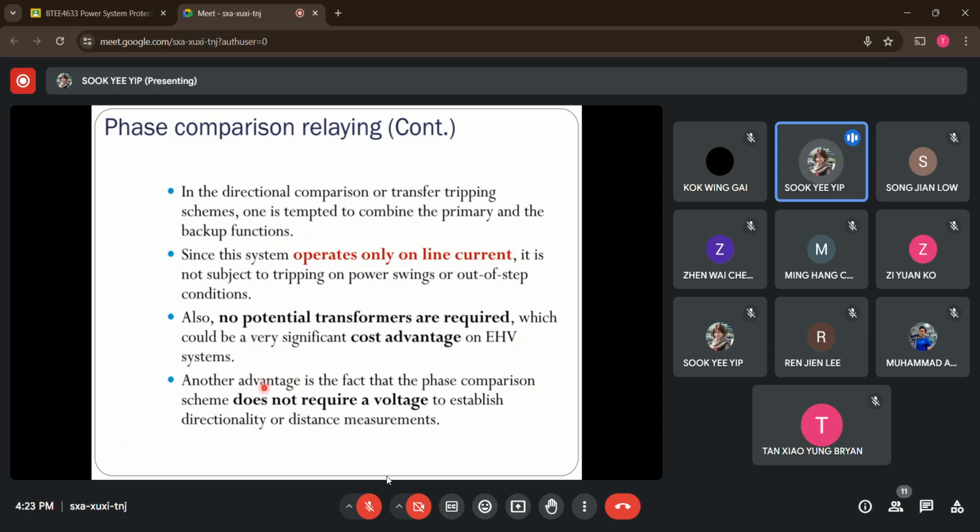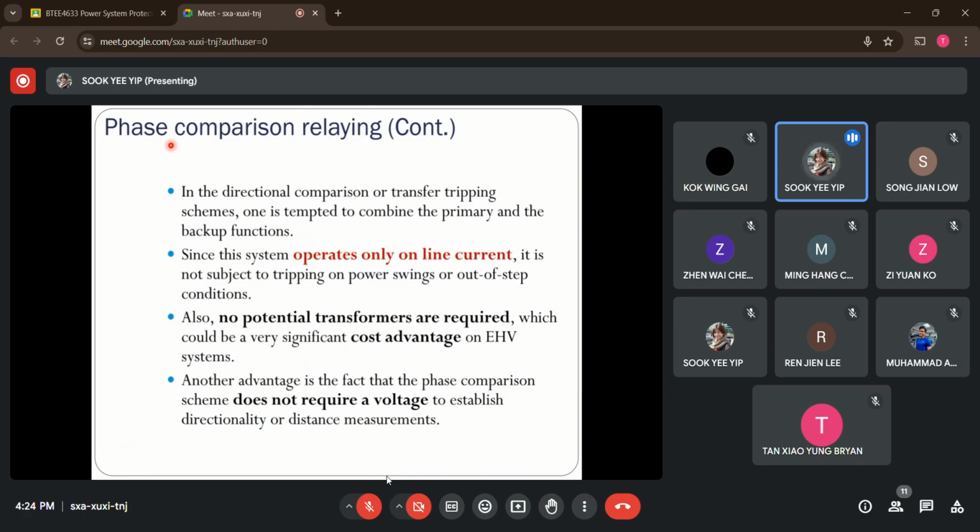There's also an advantage in applying this phase comparison system, whereby it doesn't need a voltage value to establish the fault direction. Basically, the problems you can find at the distance protection can be solved by using the phase comparison system.